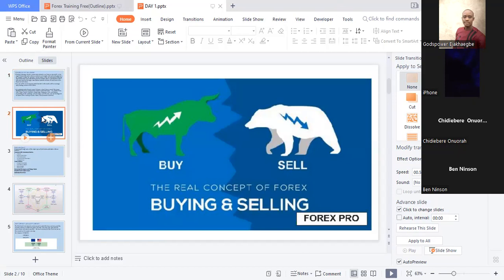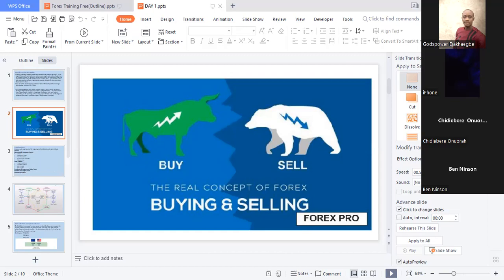You buy and you sell. If you look at the animal that is a bull, that is an indication of a buy, and the other animal is an indication of a sell. So I repeat, you buy and you sell in the Forex market.